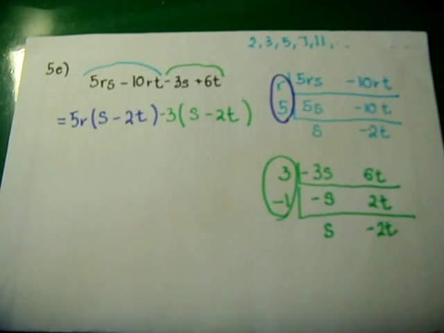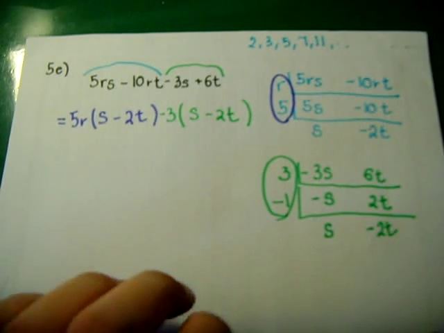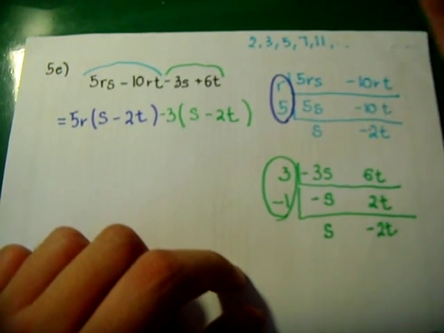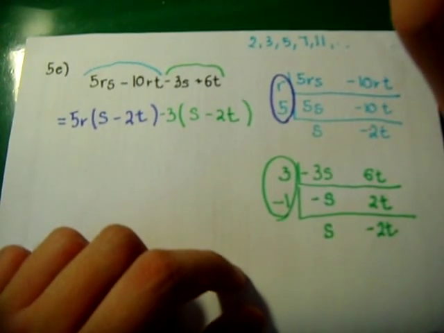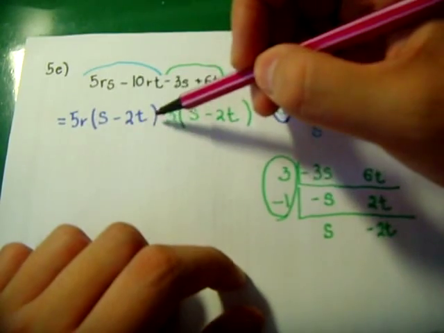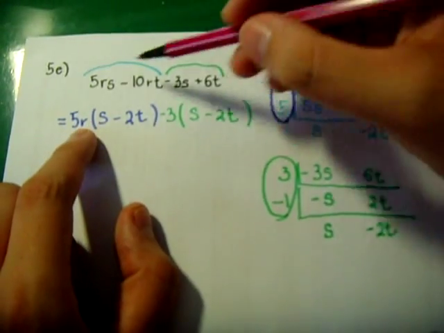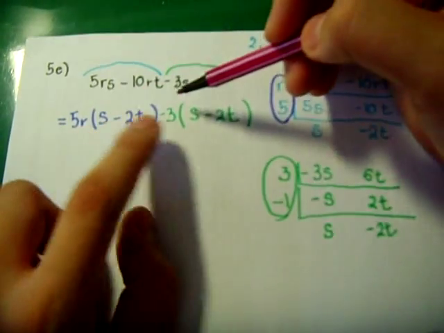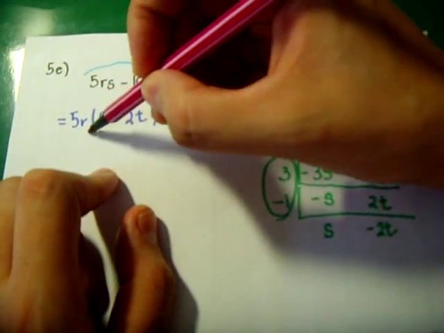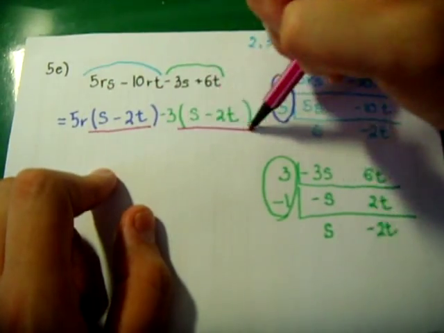Now you look at this particular expression here. Remember what I said about common factors? Common factors do not have to be a number or an algebra. Common factors can also be a bracket. So this is 5r times this bracket minus 3 times this bracket. So this can be my common factor.